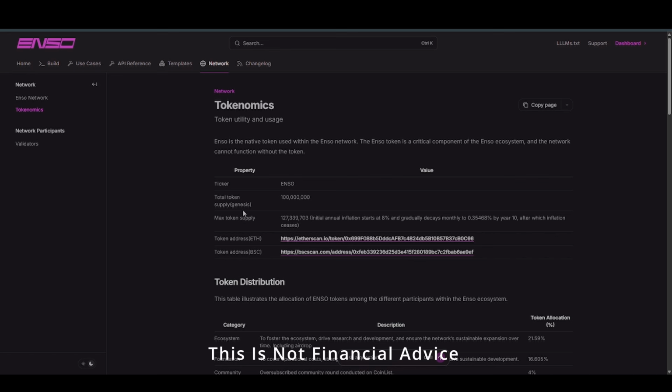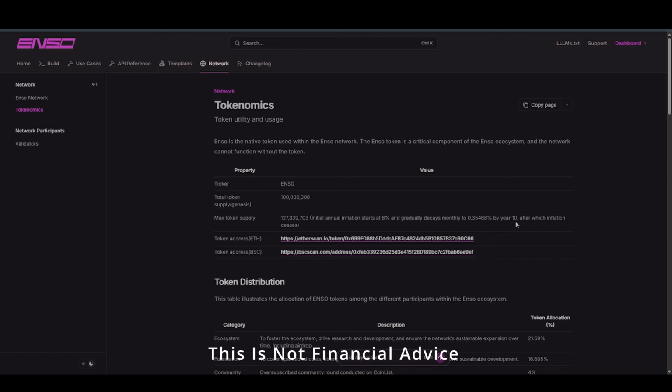Now in terms of supply, the total token supply at launch is going to be the Genesis supply of around 100 million, and they have listed here that the max token supply is going to be somewhere around 127.3 million, as you can see here. They are going to have annual inflation that starts at 8% and gradually decays monthly to 0.35%.